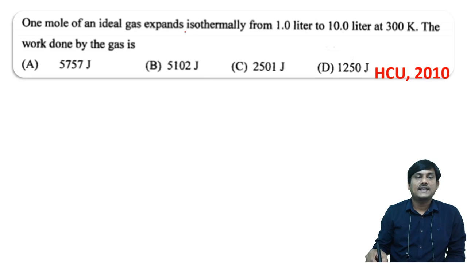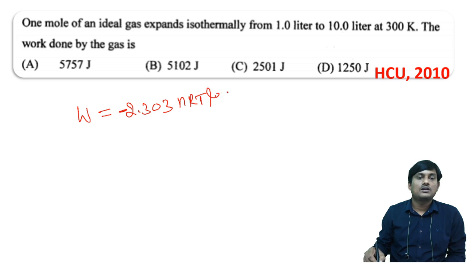1 mole of an ideal gas expands isothermally from 1 liter to 10 liters at 300 Kelvin. The work done by the gas is W = -2.303 nRT log V2 by V1.